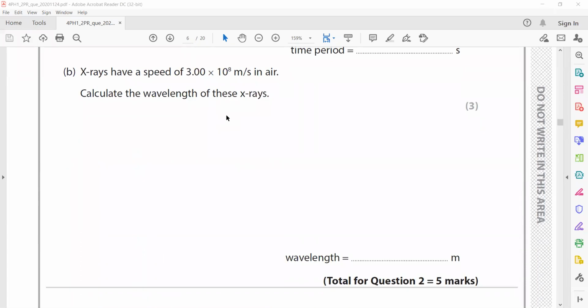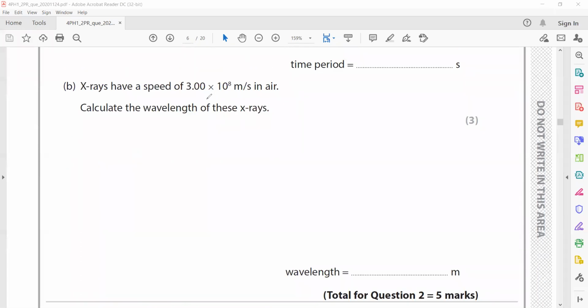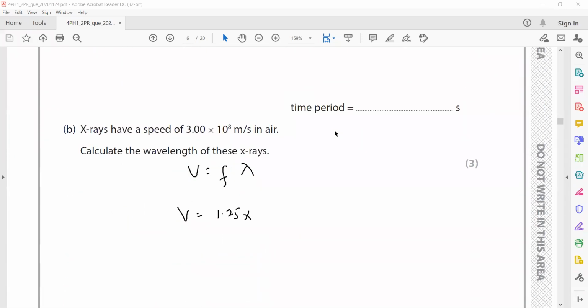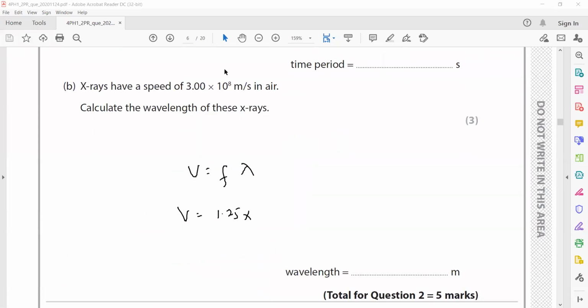X-rays have a speed of 3 times 10 to the power 8 meters per second in air. Calculate the wavelength of these X-rays. So we have the formula v is equal to f lambda. The frequency is given, 1.25 times 10 to the power 18, and the speed is also there, which is 3 times 10 to the power 8.